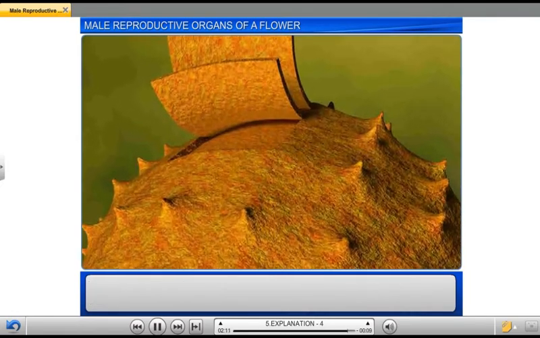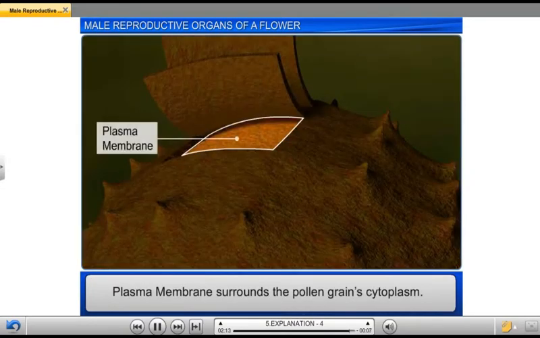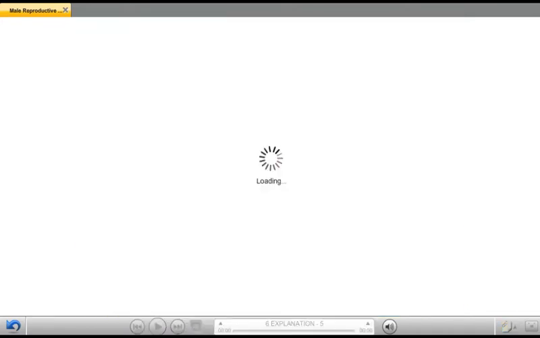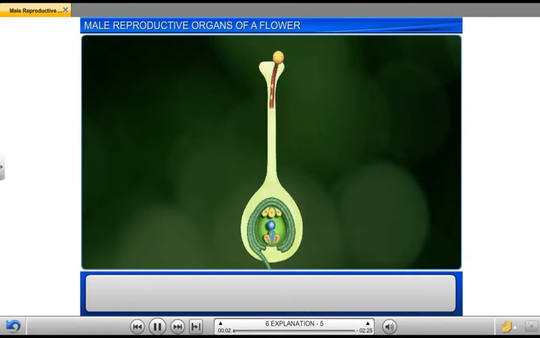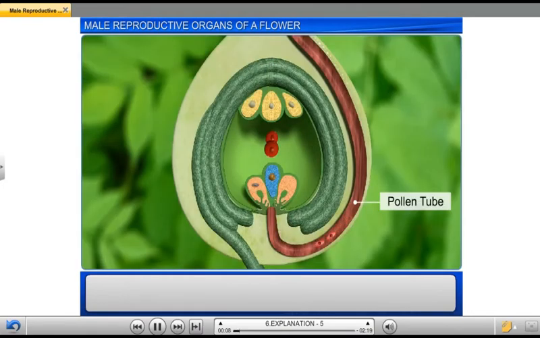On the inner side of the intine is the plasma membrane that surrounds the pollen grain's cytoplasm. When pollen grains land on the stigma, they germinate into a pollen tube that carries the male gametes towards the embryo sac.